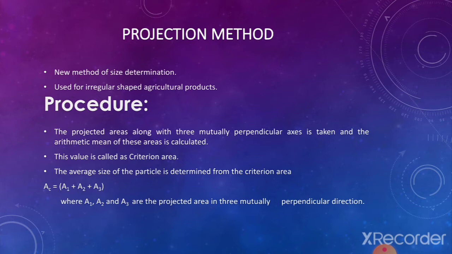The average size of the particle is determined from the criteria area, that is AC is equal to A1 plus A2 plus A3 divided by 3, where A1 is the area along one axis, A2 is the area of the object along another axis, and A3 is the area along the third axis. A1, A2 and A3 are the projected areas in three mutually perpendicular directions.